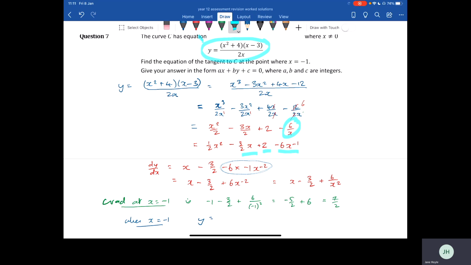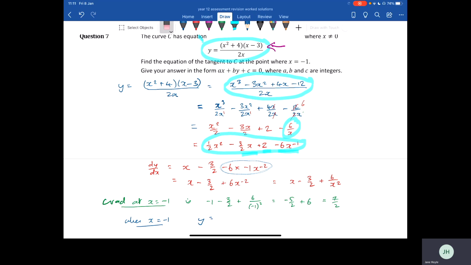So I'm substituting -1 into the right-hand side. You can, of course, substitute it into your expanded version or even into your rewritten version like that. But just in case you've made any errors, you might have made things more complicated for yourself. I would always advise you to go back to this first one there.